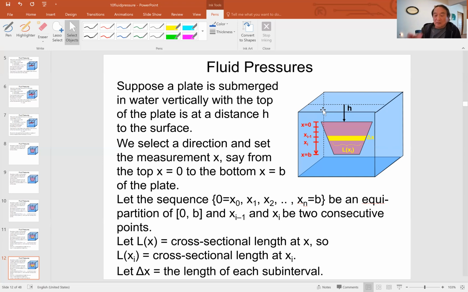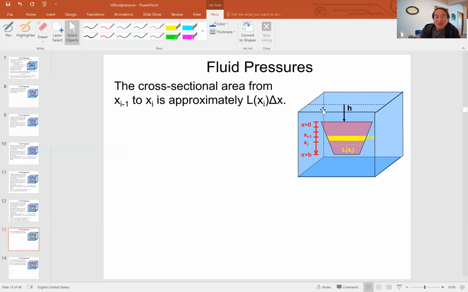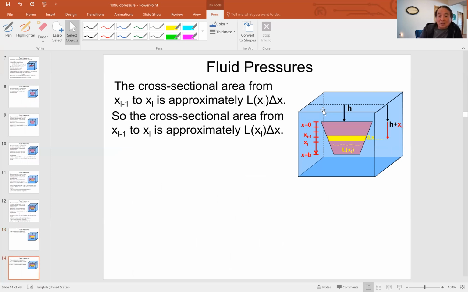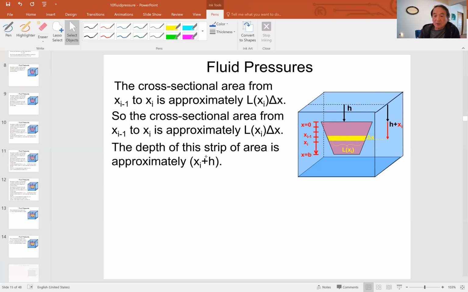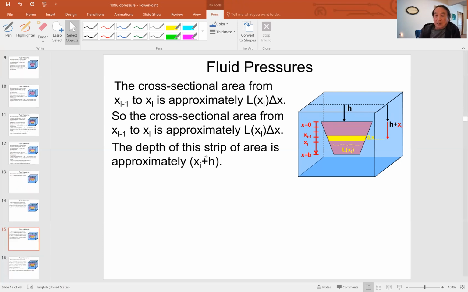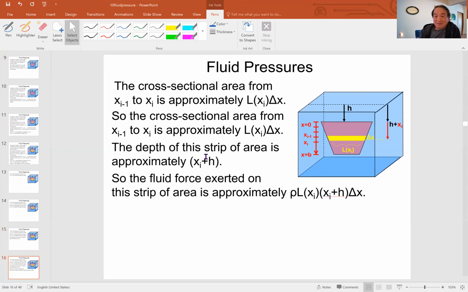At that depth we can assume the pressure is approximately the area of the strip times the height, in this case x plus h, the way this one is set up, times the density.